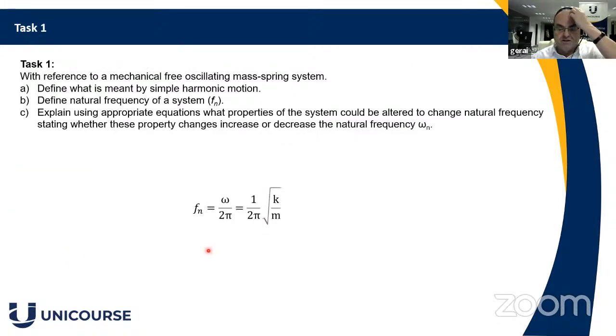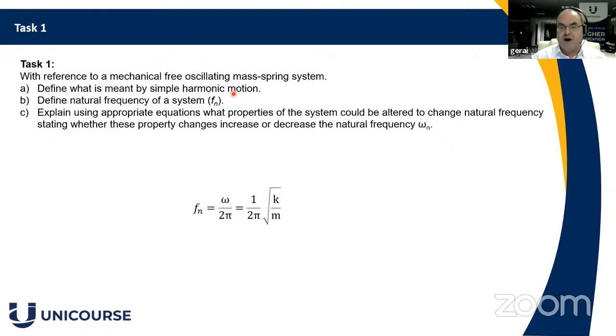Right, so coming back to task 1, what you're asked to do for a free oscillating mass spring system is define what is meant by simple harmonic motion. I think we've done that so far, so you should be able to define simple harmonic motion.